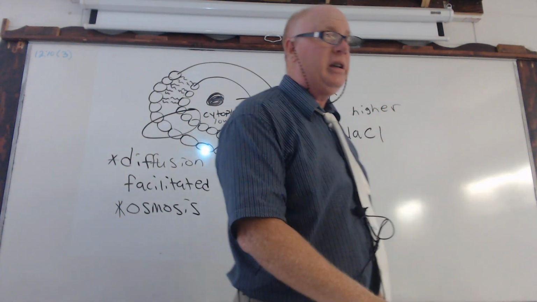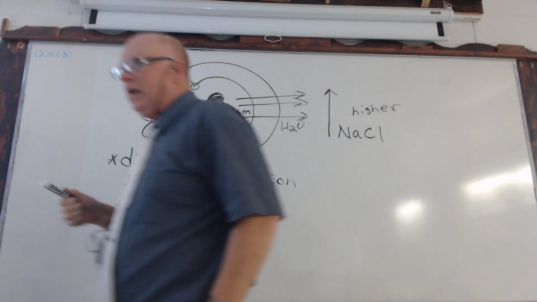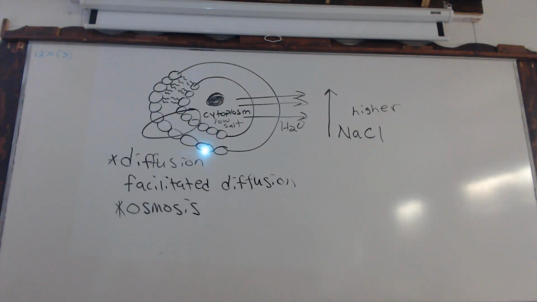Okay? Some substances that enter and leave the cell are just too big to enter and leave by diffusion alone. Sugar, carbohydrates, those are too large to enter and leave the cell. Gases like oxygen, carbon dioxide, and water can pass through very easily because their molecules are much smaller in nature.